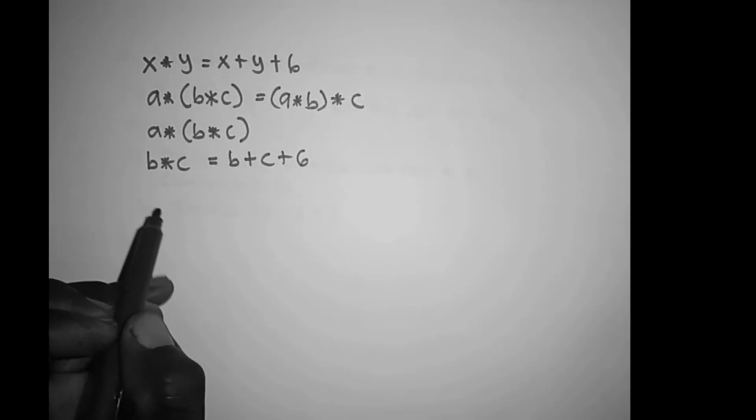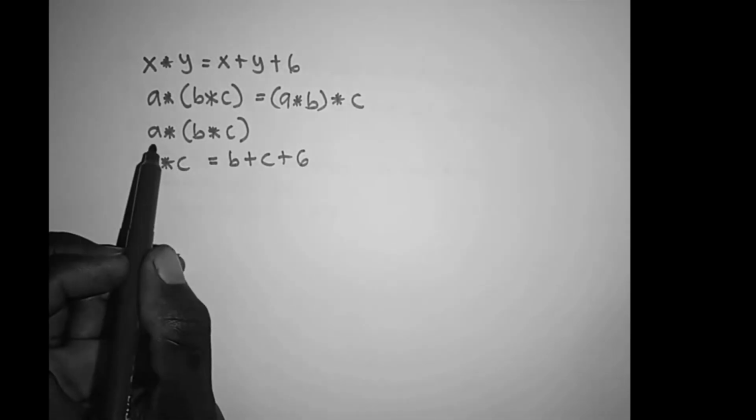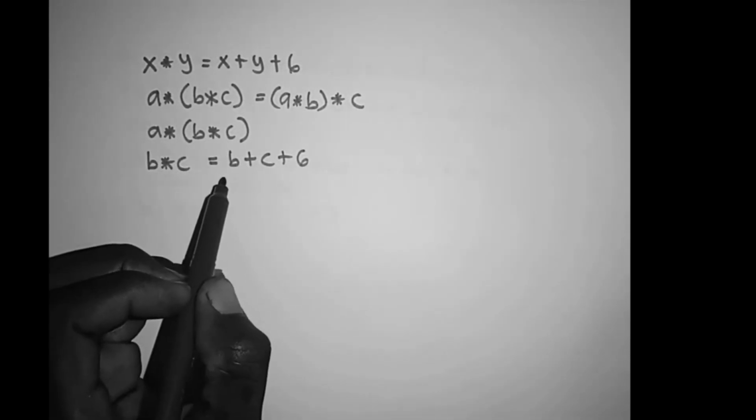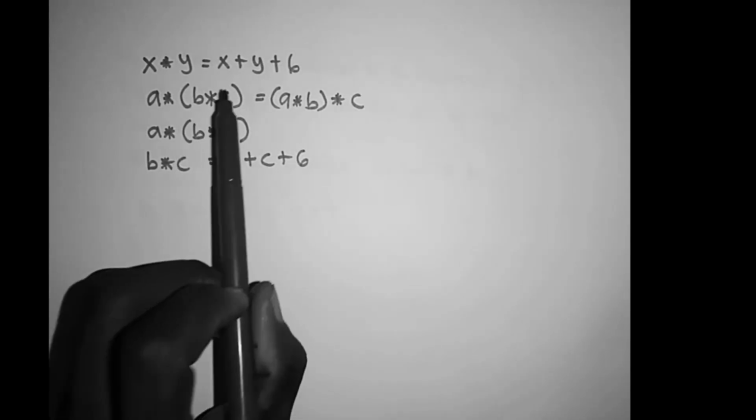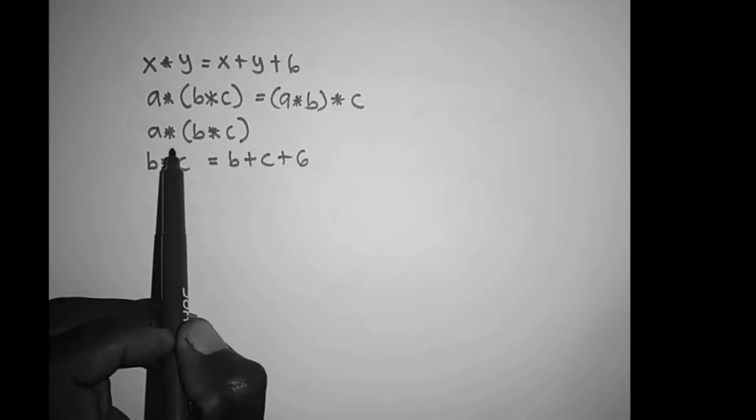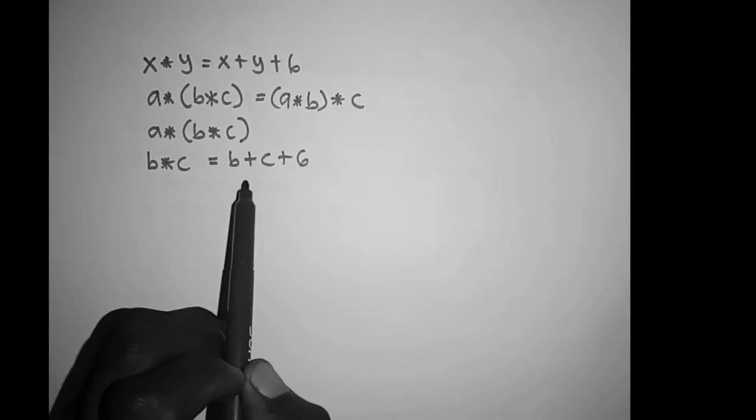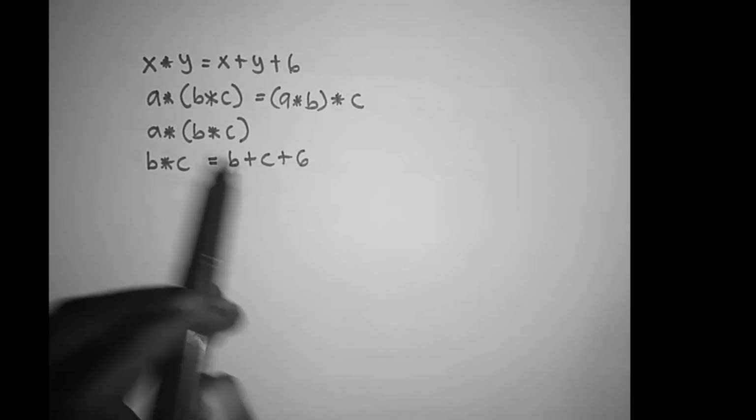Now, having gotten this result, we then do A operation B operation C. This means that wherever we see x, we put in A, and wherever we see y, we put in B plus C plus 6.